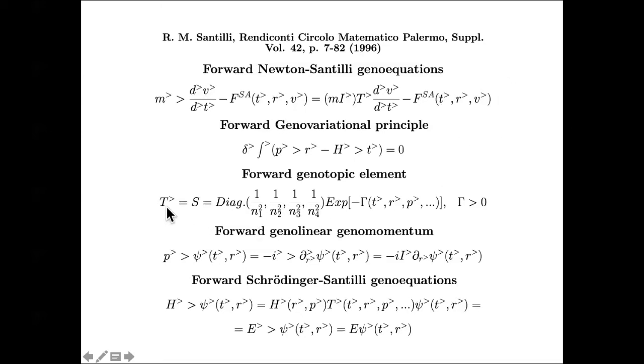It is also important to have an idea of the explicit expression of the genotopic element, or if you want, the Gano unit as its inverse, that we use in industrial, let alone scientific applications. Here it is indicated with the letter T with an up arrow, which is equal to the quantity of the genotopic element S of the preceding slide. It is given by the diagonal form present also in the isotopic theory.